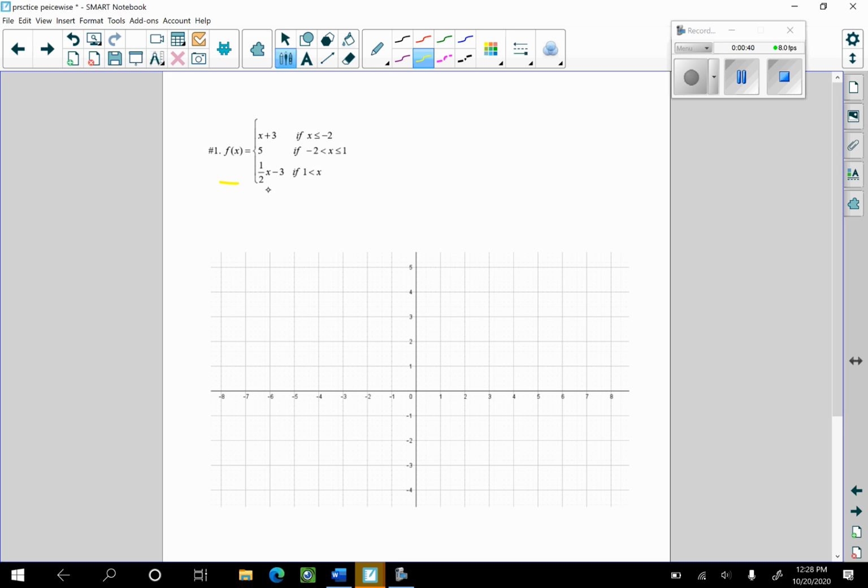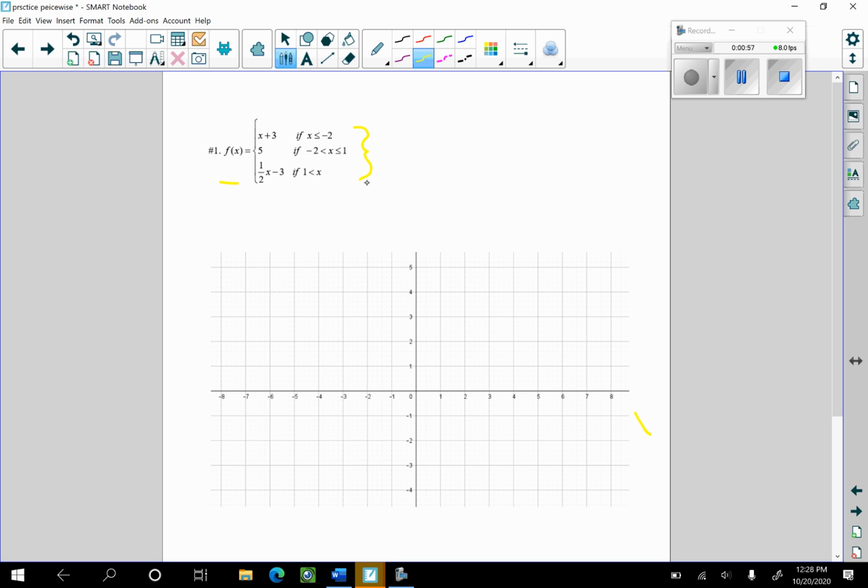It's very important that we see where the domain of this is all real numbers. This is where the pieces break up. This part right here is where the pieces of the lines break up.